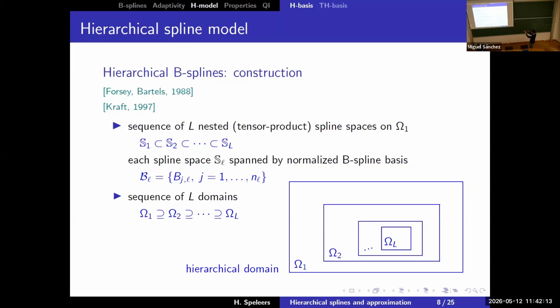They do not have to look as nice as my picture here, so they can be disconnected, but at least you need some kind of nestedness. Okay, that's a technicality.